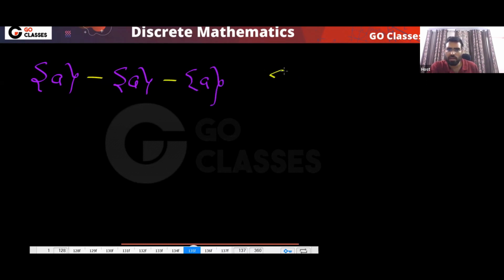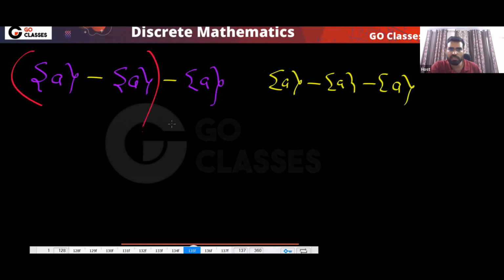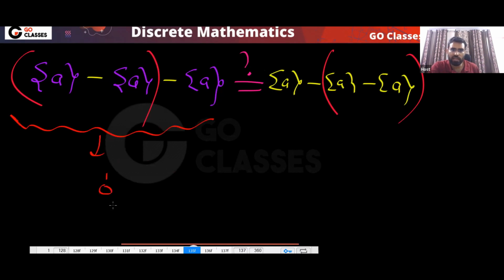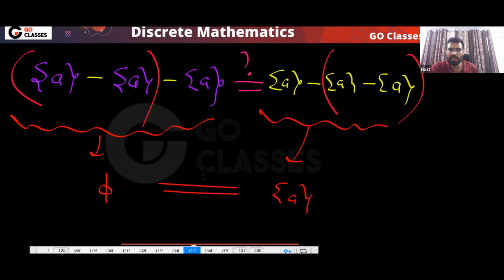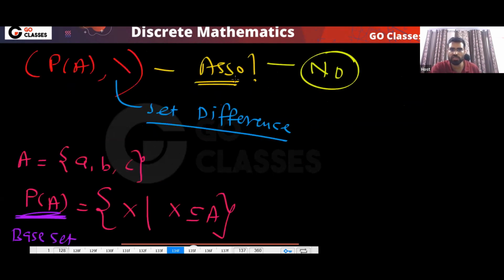Is this same as this? Are they same? You can notice that this whole thing will be empty set, and this whole thing will be this. So I can say, yes, they are not same. So this is not associative. Set difference is not associative. So is this associative? Answer is no.